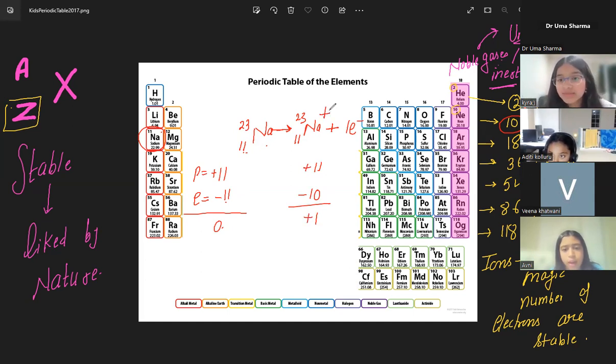It's not neutral. Now this is an ion. And is this ion more stable than this sodium? Yes. This ion is more stable than sodium. What is the reason? Because it's exactly like neon. Its number of electrons is like neon, right?